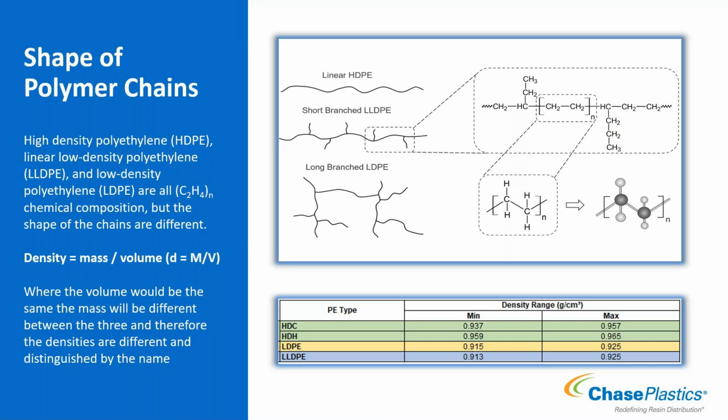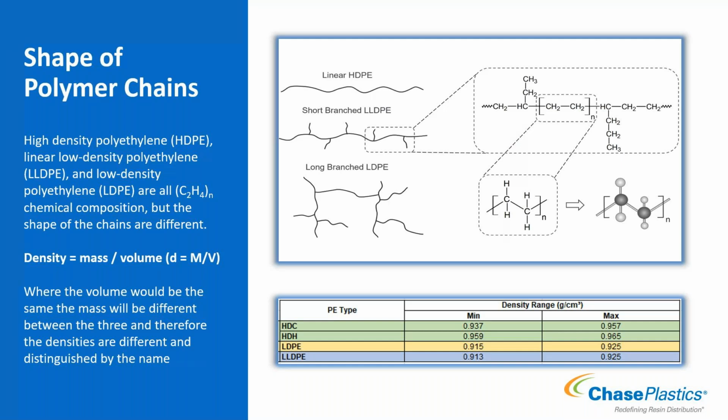If we look at the different types of polyethylene, we've got high density, linear low density and low density, and sometimes we'll throw in a medium density, but really those are going to be kind of your main three, all based off of the C2H4 chemistry. So our chemical composition for those materials are all the same, but the way that they end up branching or not branching starts to make them different.